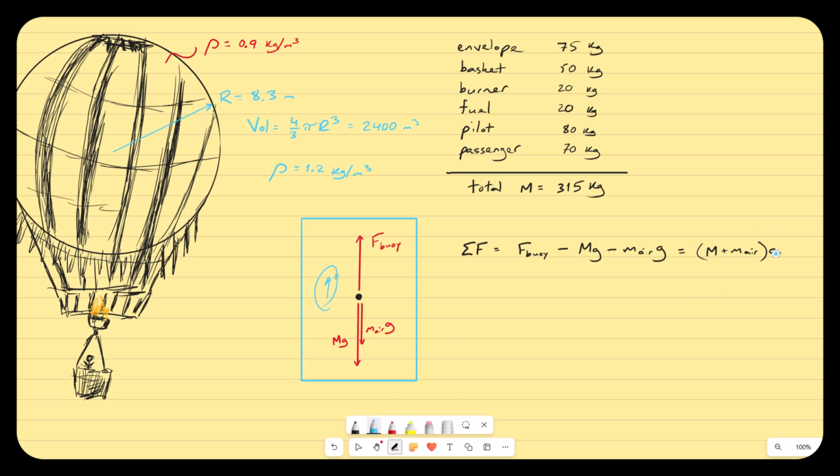I would like this thing to not quite go, and I want to solve and see how much extra mass maybe I can get. Let's solve for the sum of forces and see if we can get some lift out of the deal. The buoyant force, F buoyant, is equal to the density of the fluid that we're in times the volume of fluid displaced times gravity.